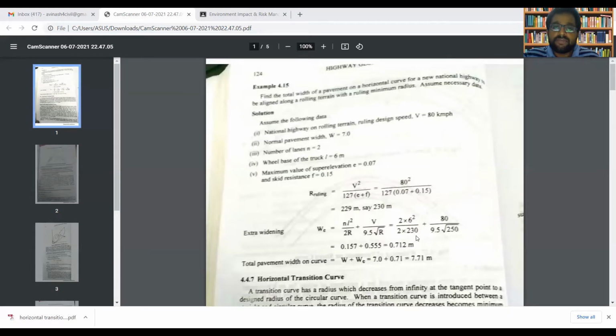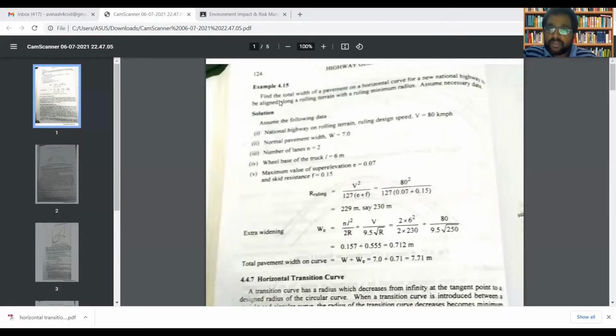L, the length of wheelbase is 6. 2 into 6 square by 2 into R is 230, plus 80 divided by 9.5 into root of 250. So you will get the extra widening as 0.712.